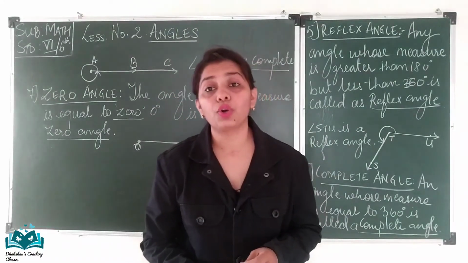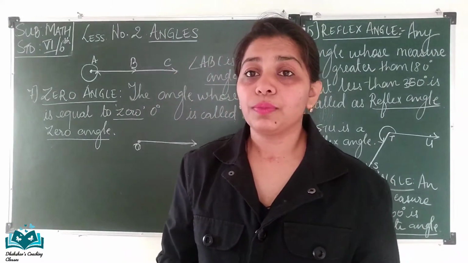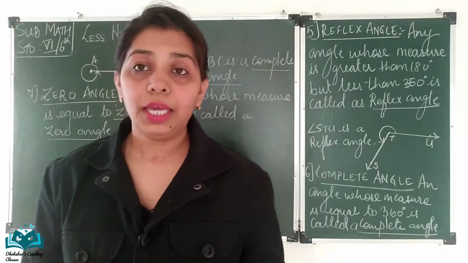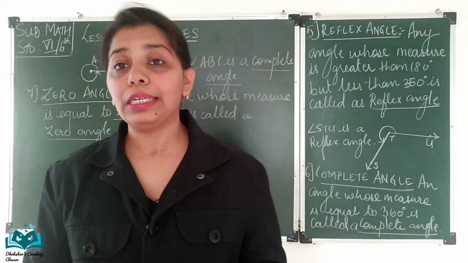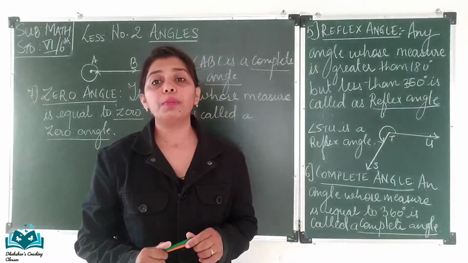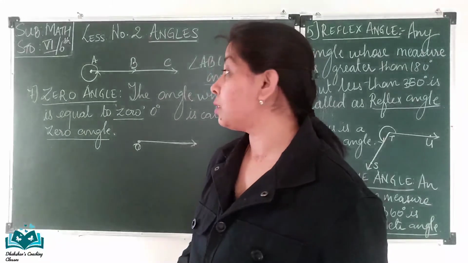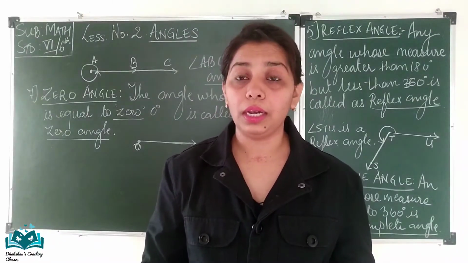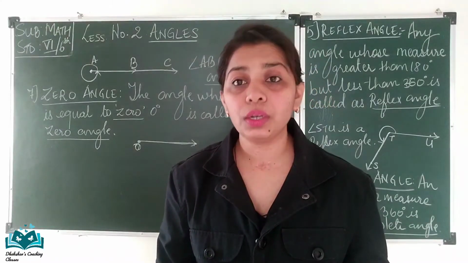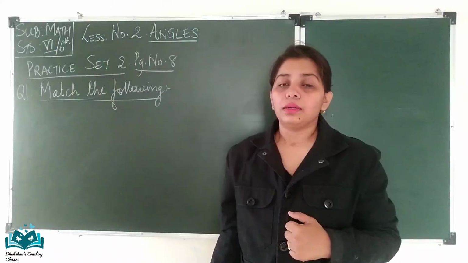Then we moved on further to complete angle. Any angle whose measurement is equal to 360 degree is called as your complete angle. Last but not the least, that is your zero angle. Any angle whose measurement is equal to 0 degree is called as your zero angle.